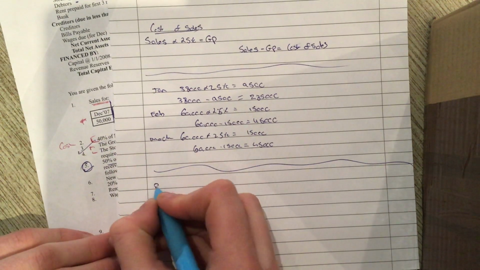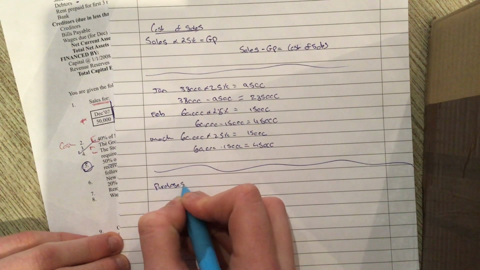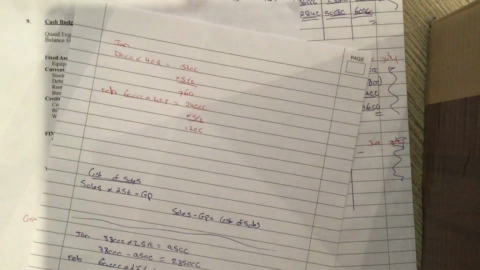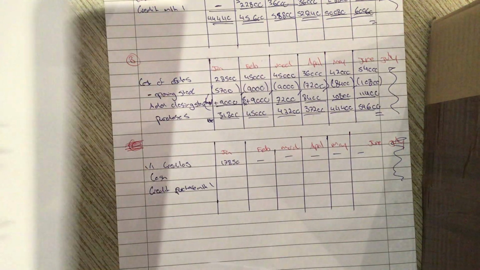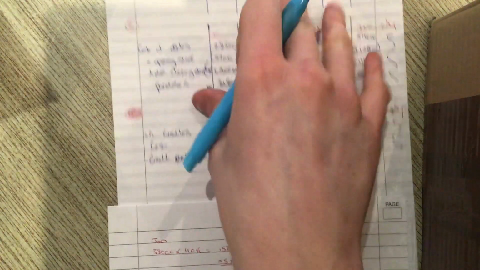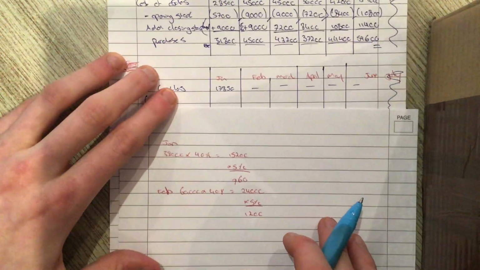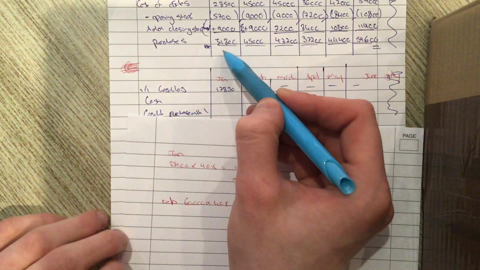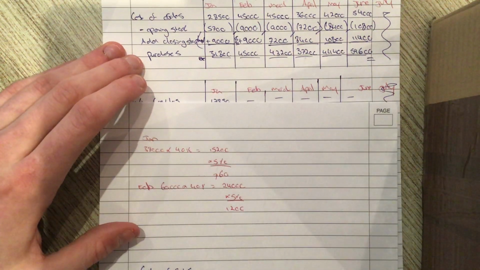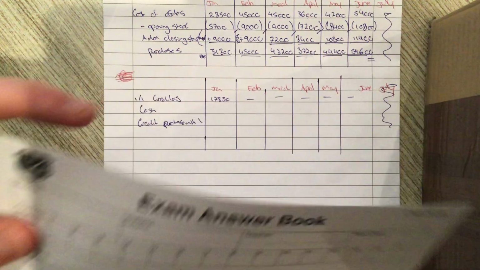So this is for purchases, and we'll do it for January first. 50% is to be given in January, so 50% we'll pay for in cash. My purchases figure that I've just calculated up here was 31,800 euros.